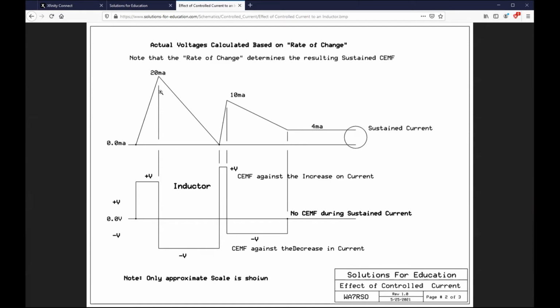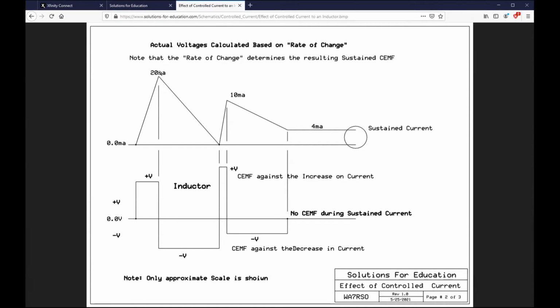Now, here we drop from 20 mils back down to 0, but notice it takes longer than it did to go up there. Therefore, the rate of change is less than over here. In fact, the rate of change is about half of what it was over here. And when that happens, the counter EMF will be backwards. It'll be assisting the current flow as the magnetic field collapses.